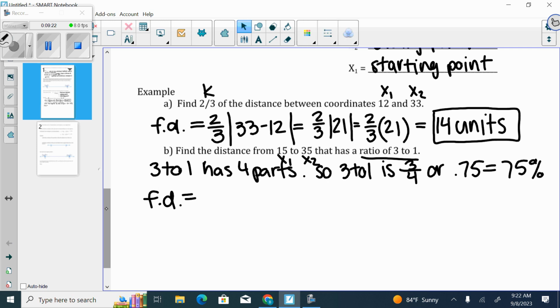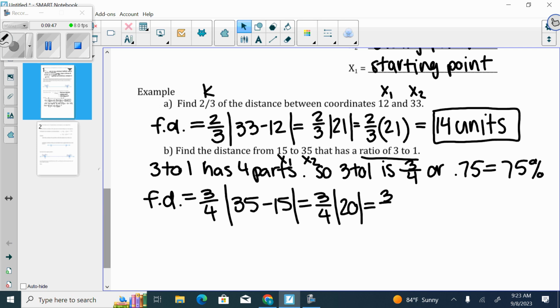So I'll have K, which would be either 3/4 or 0.75, whichever way you prefer to write that, times the absolute value of x2 minus x1, which for us would be 35 minus 15. What is 35 minus 15? 20. And the absolute value of 20 would just be 20.